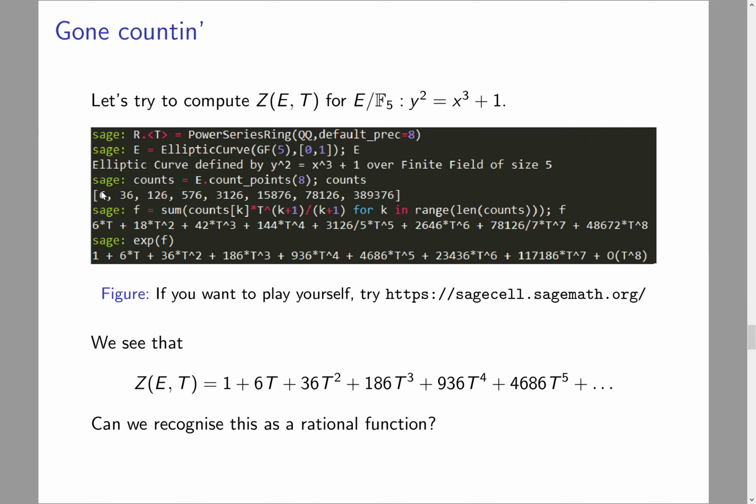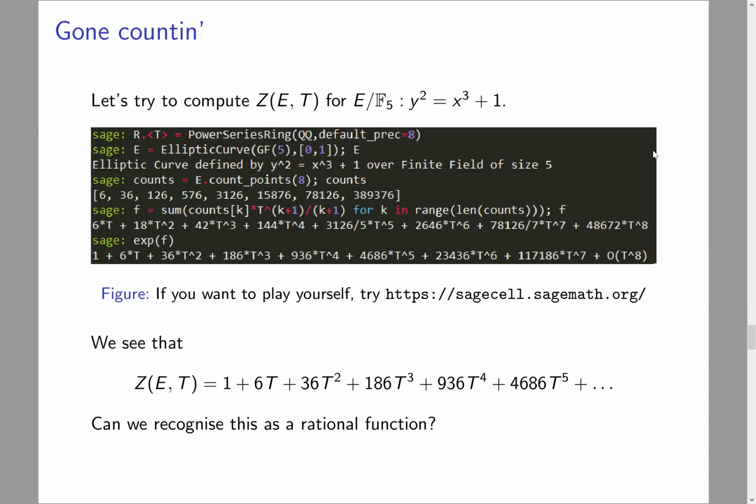So that 6 there is the 6 that we had before, the 36 we've seen, and then 126, 576, etc. You might already notice these are quite structured. They always seem to end in 6. That's something to notice. There's a lot of amazing things you can notice by staring at this sequence of numbers. Many people have just stared at these sequences of numbers and noticed all sorts of amazing things.